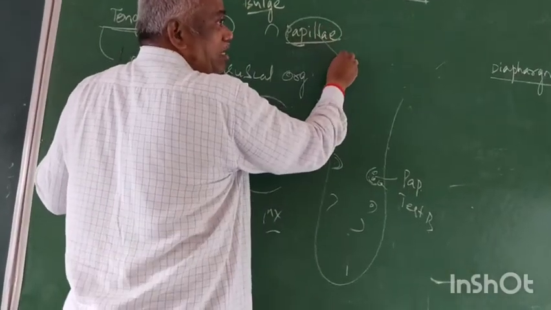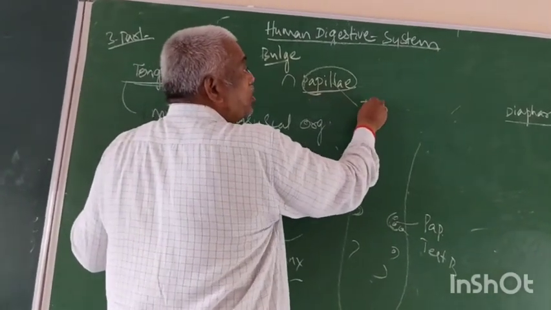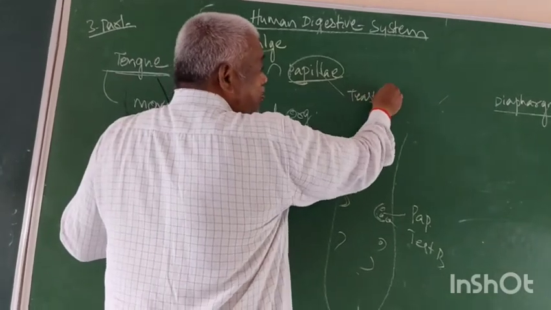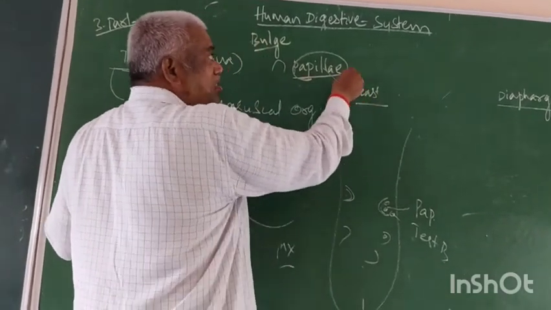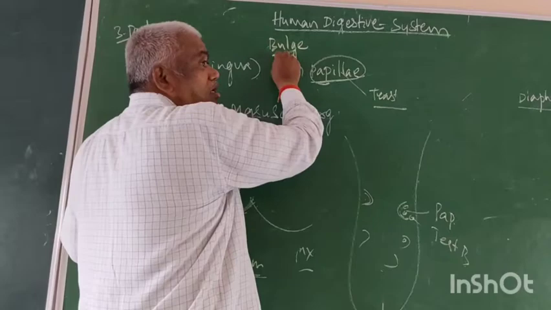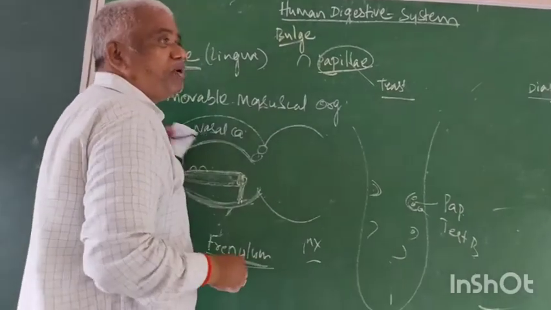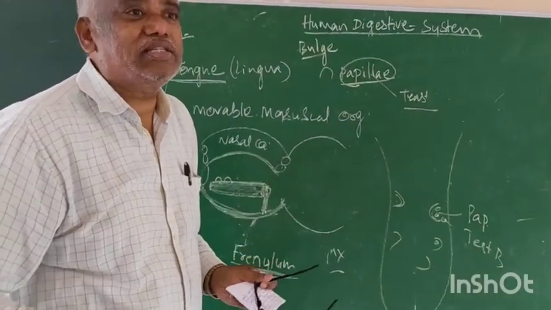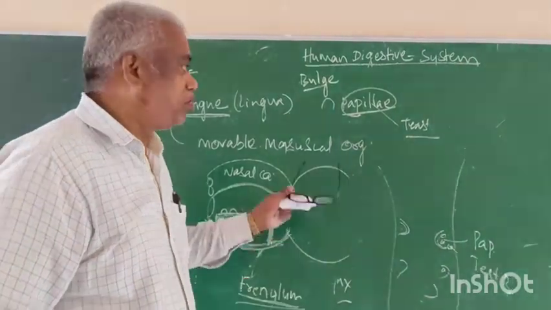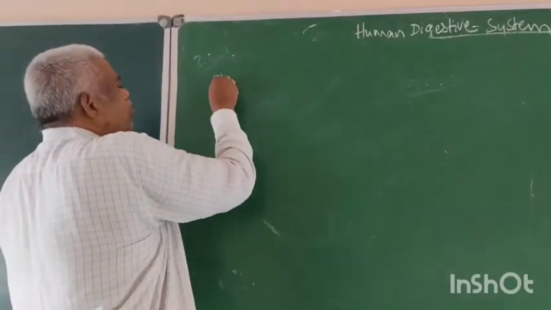Each papilla contains thousands of taste buds, present on the upper surface of the tongue, which help in taste. This is about it. What is the next one?